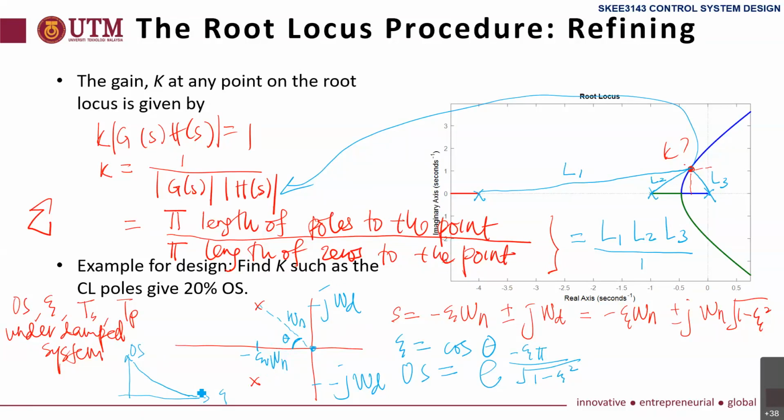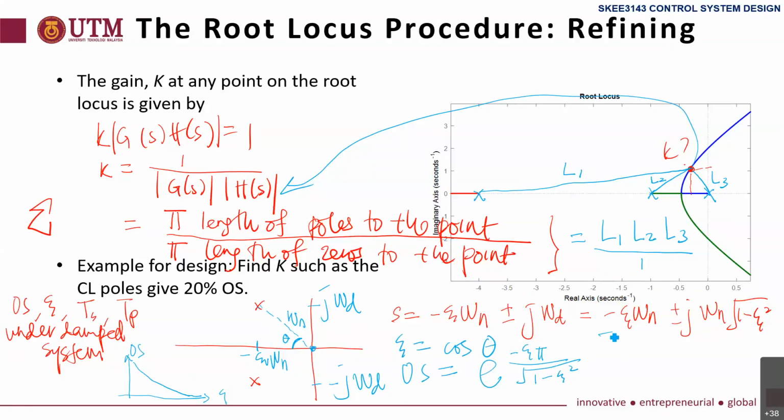If zeta is 1, meaning a critically damped system, overshoot is 0. If zeta is 0, it is an undamped system, which is actually an oscillatory system. Please revise all this.